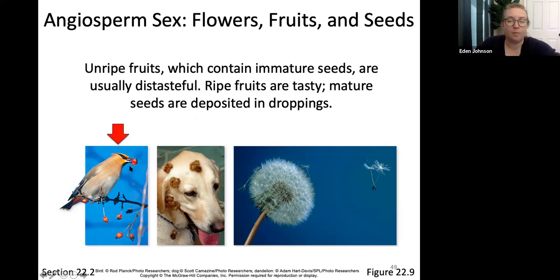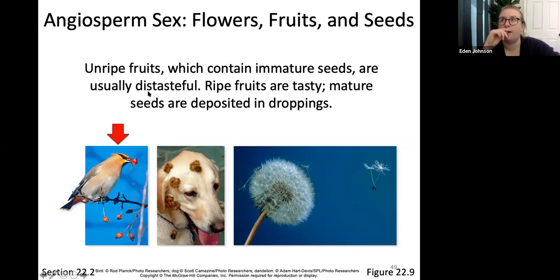So one is via fruits and having organisms consume fruits, and then seeds from the fruits are deposited in the bird or dog or bear or deer, whatever droppings. So if you have an unripe fruit, the fruits are usually distasteful.